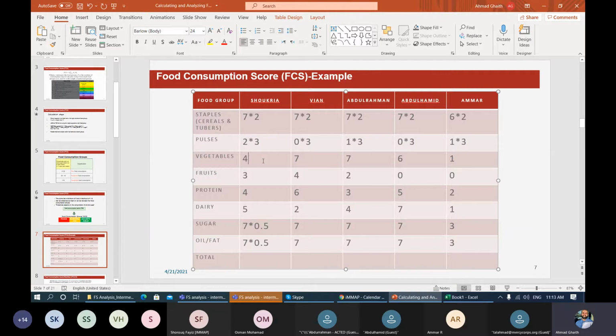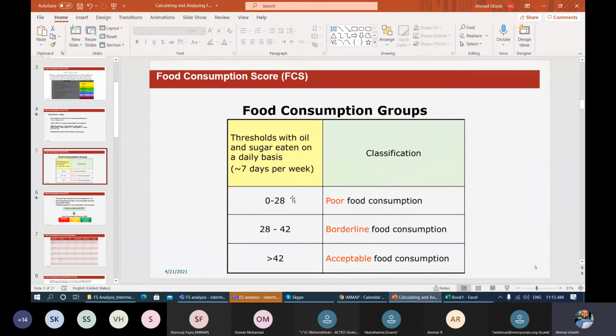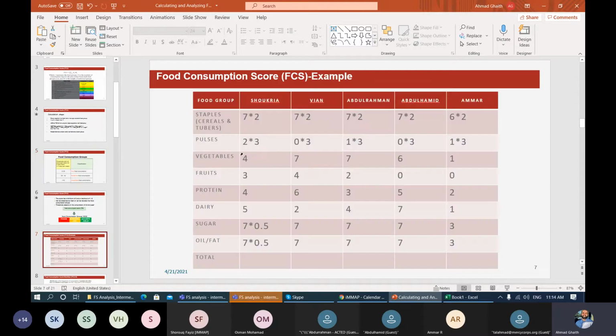28 is considered poor or borderline. Oh, this is a good question. I believe that 28 itself is borderline. Again, if you are analyzing the data, if you were to look at a particular household, you can do a deeper analysis. Again, it's usually difficult to do this at a population scale.